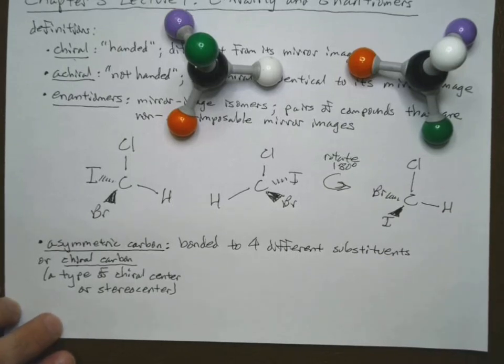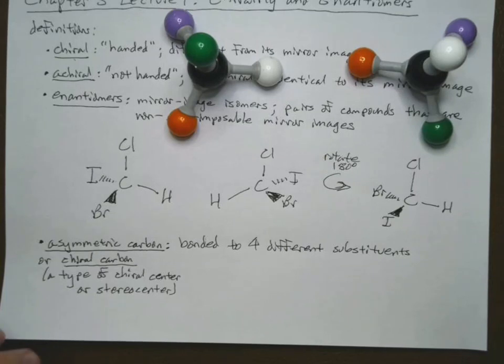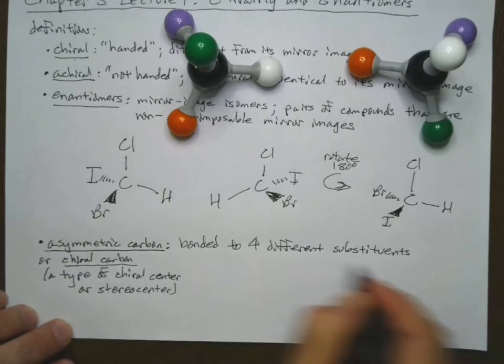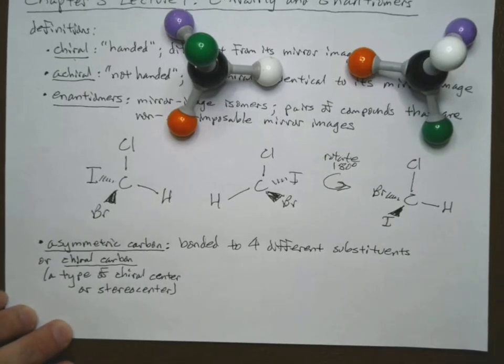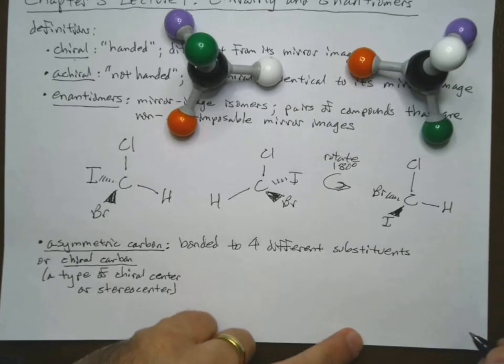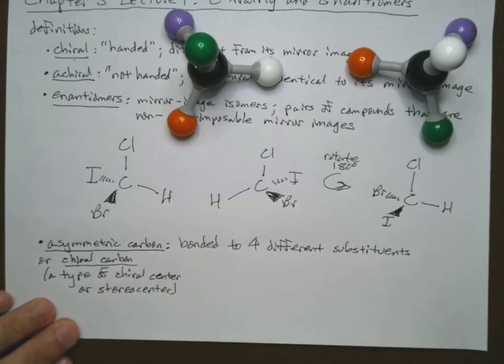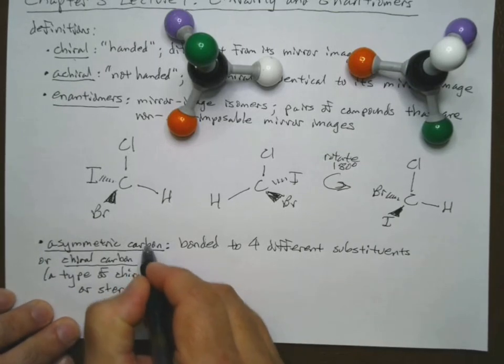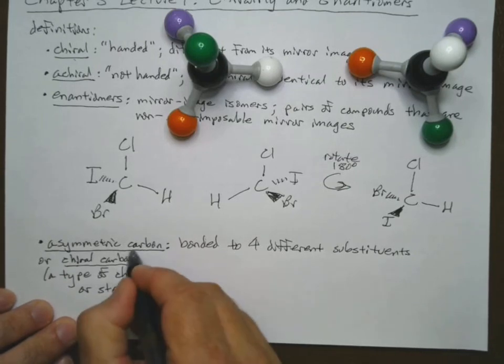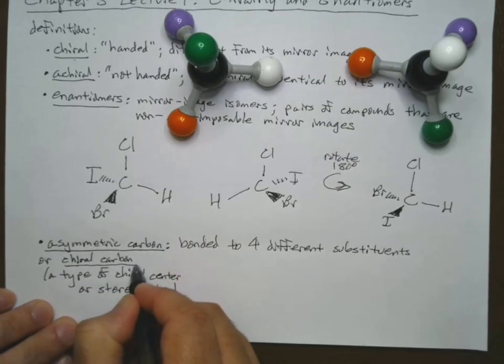We'll talk a little bit more about identifying chiral carbons and distinguishing the substituents in a future lecture video. But for now, let's just stick with that definition. This is a definition specific to carbon. You can actually have more than one chiral carbon in a molecule.